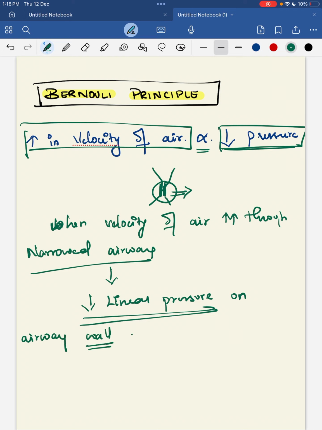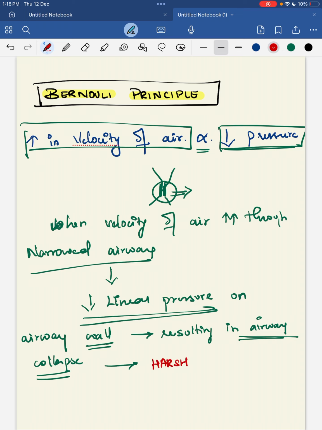This airway collapse is transmitted as a harsh sound that is called stridor.